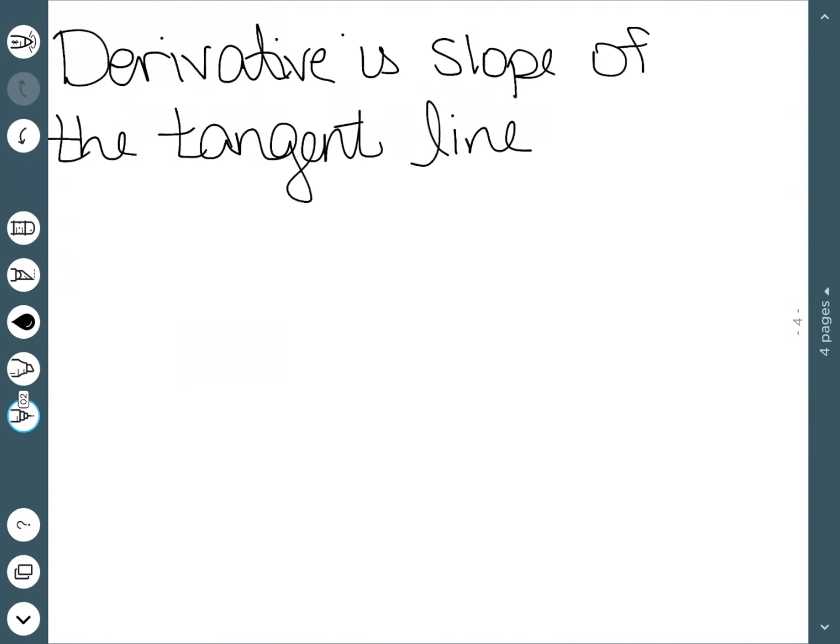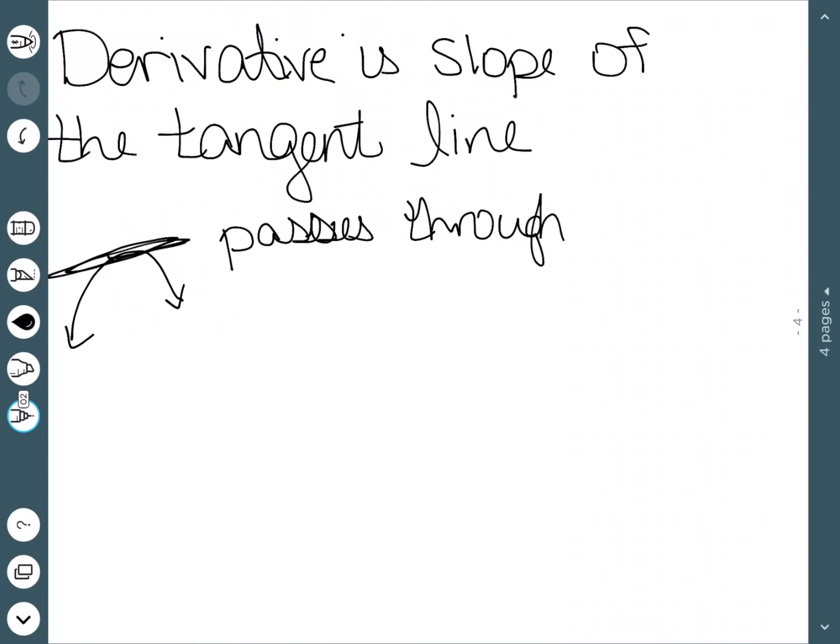So now that we've done a couple of small examples, let's talk about exactly what the derivative is. The derivative is the slope of our tangent line. And the tangent line just tells us, if we have a graph, it's the line that cuts through the graph at exactly that one point and none of the surrounding points. So we know that the derivative is the slope, and we know that this line passes through the point of interest, x0, f of x0.